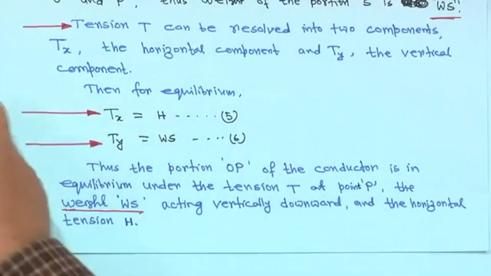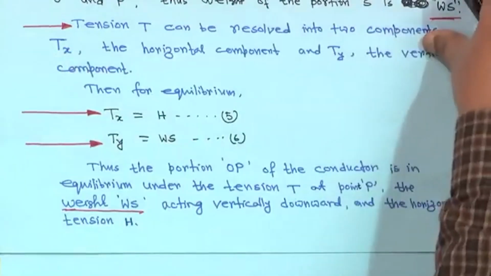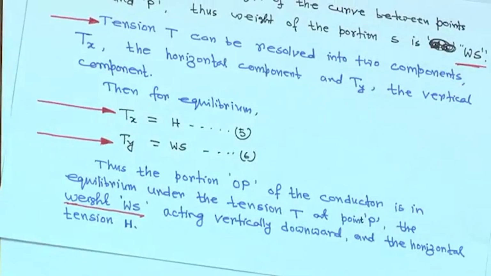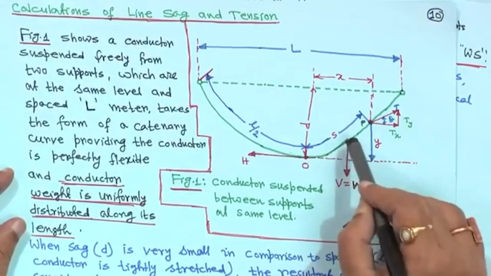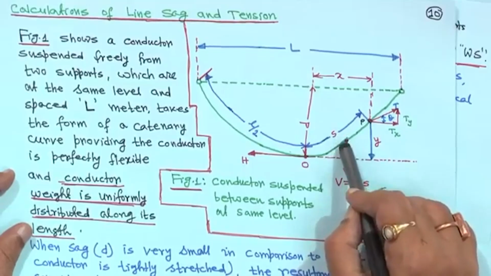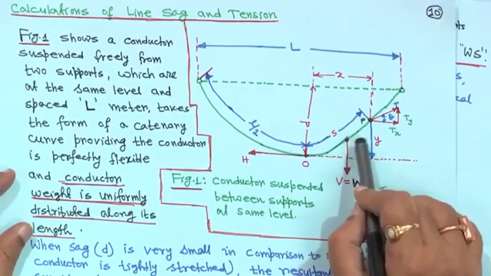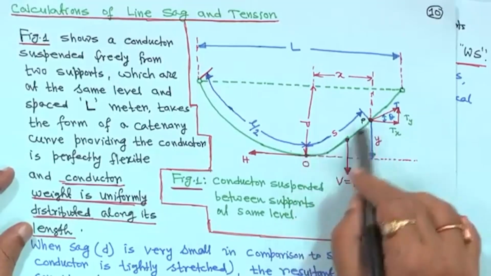Now, suppose there is a little bit of increase in the conductor length, say there is a little change ds, then naturally the conductor takes a catenary shape.